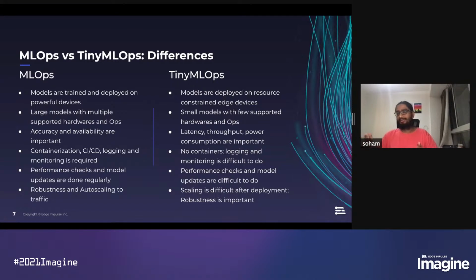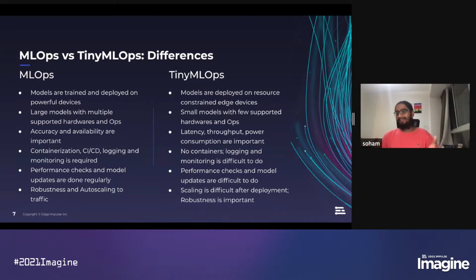Let's say your model is running slowly, you can just add another CPU or a GPU and distribute your model across those devices, and you can get extra performance. That's what robustness and auto scaling is. But that's not really possible to do in TinyML either, because it's really hard to scale your hardware after you deploy it.